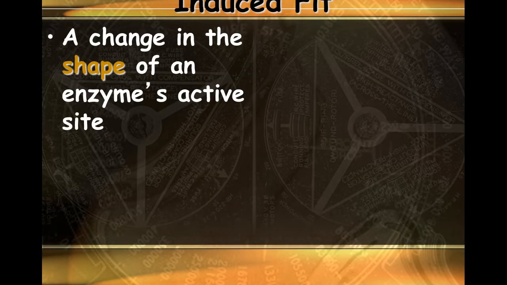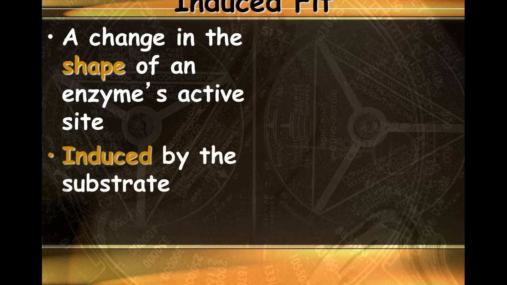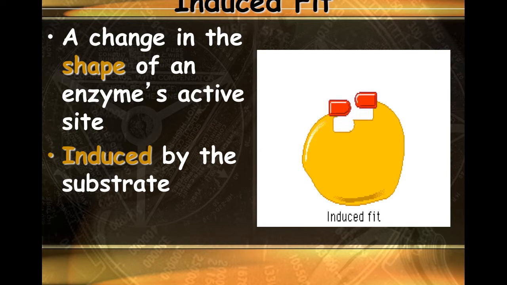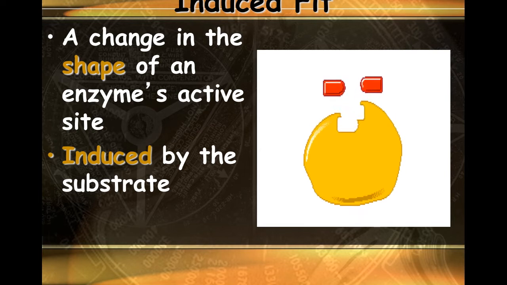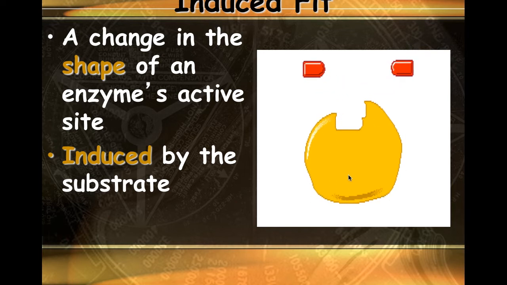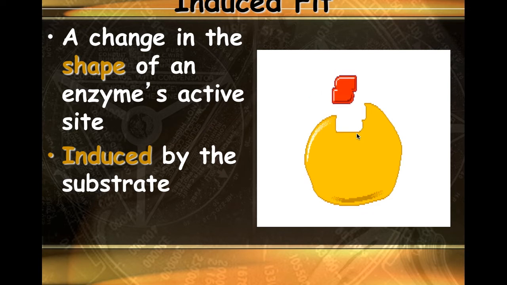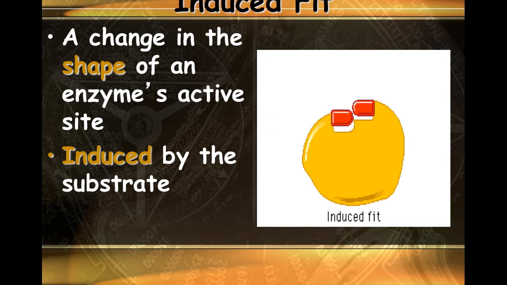Induced fit: a change in the shape of the enzyme's active site, induced by the substrate. So we've got our enzyme, and then our reactant would fit right in there. The substrate fits right in there. And then the active site is going to wrap gently around it, kind of holding that substrate in, so that way it can break it apart and release the products.